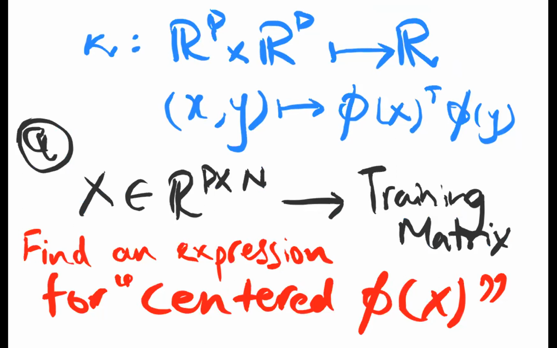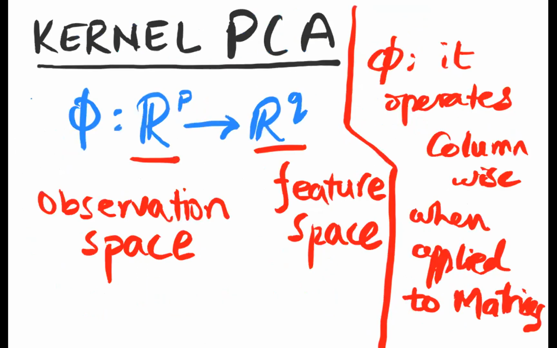Yes. And when I defined phi at the very beginning, I said that it operates column wise when applied to matrices. So phi, if you apply it to a matrix, converts each column from a p-dimensional space to a q-dimensional space. So does that answer your question or not?